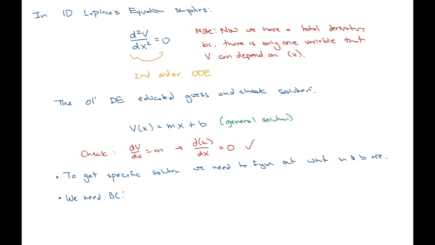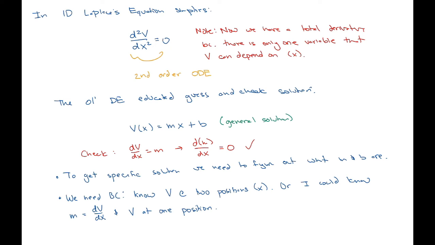I could know the potential at two positions x that could bound my problem, or I could know m, which is the same thing as taking the derivative with respect to x, and V at one position. Okay, that would be enough also to bound my problem.